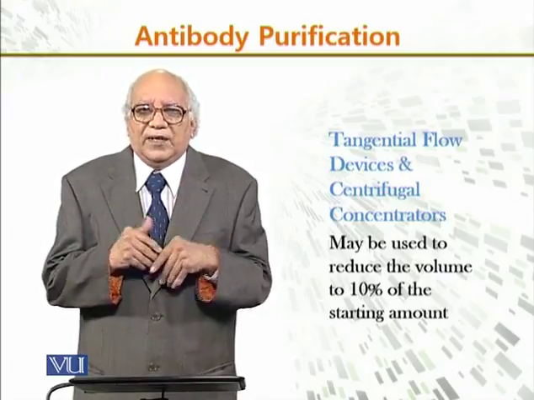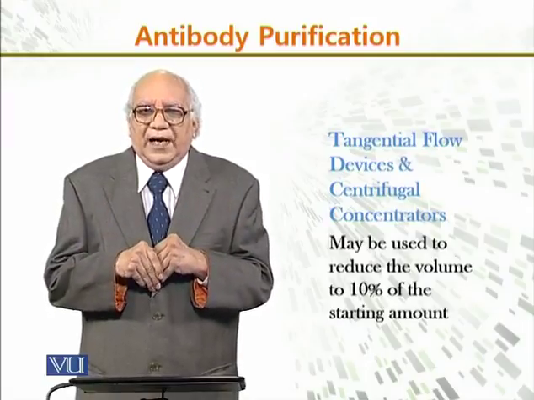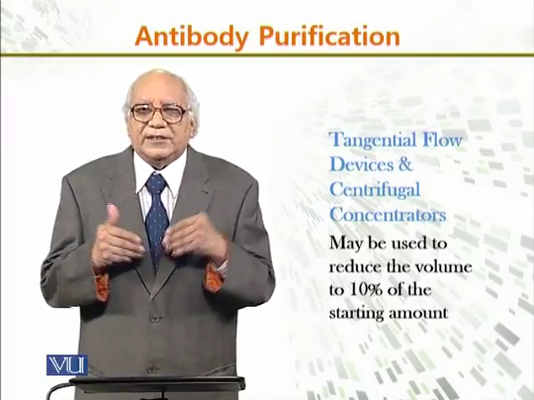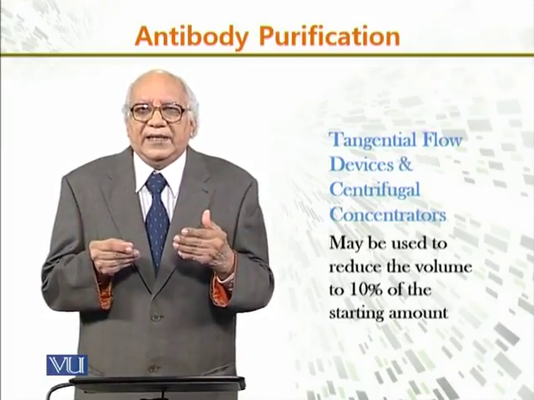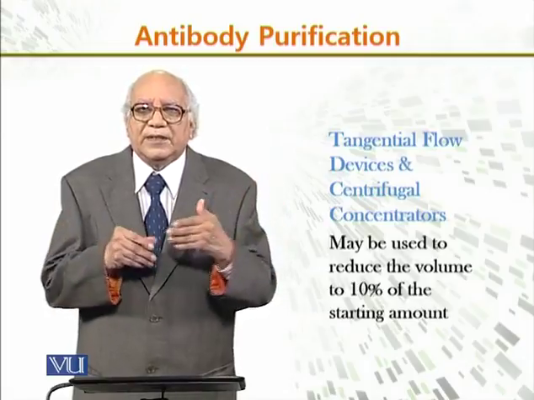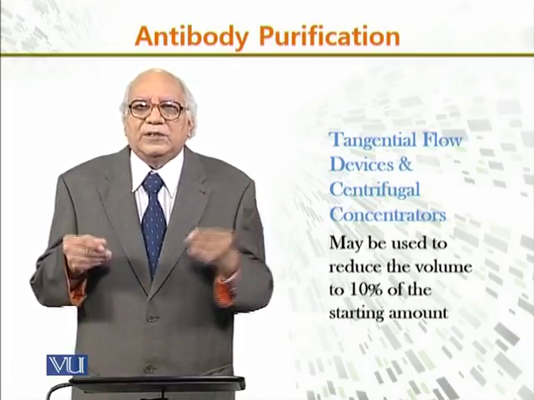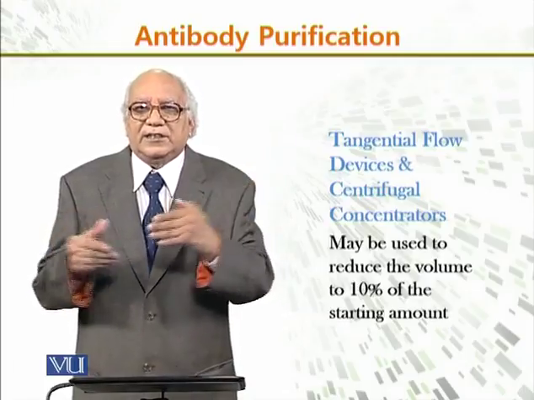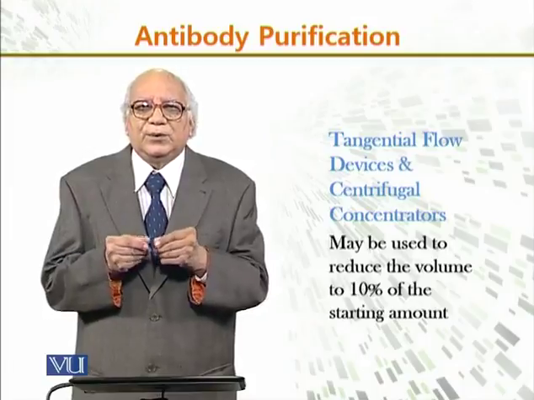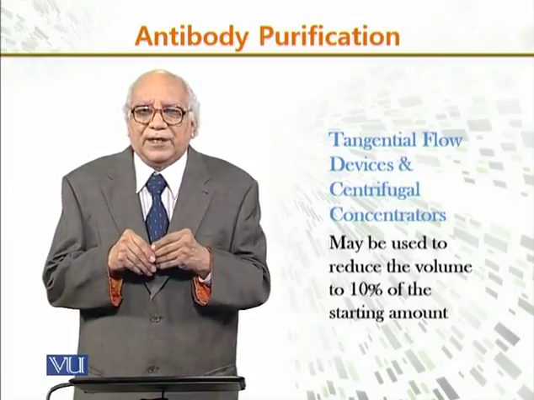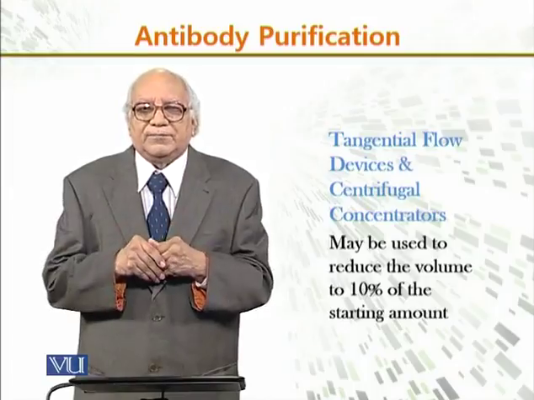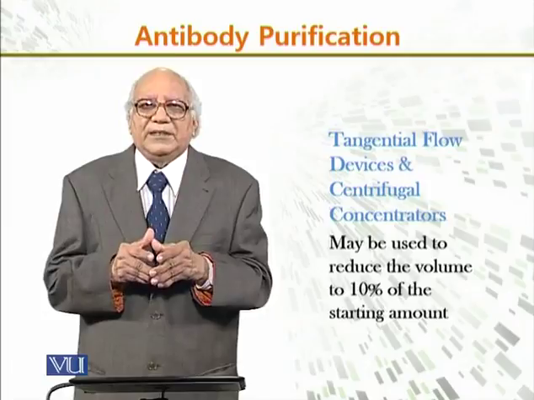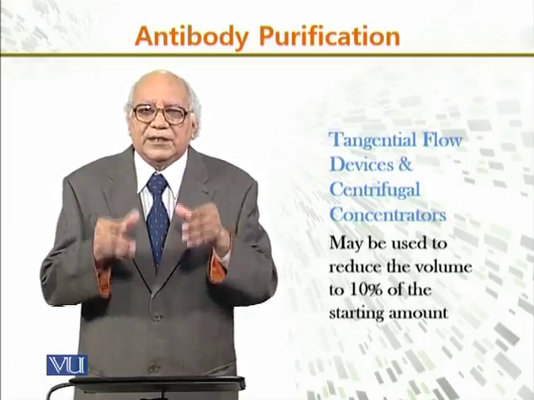Now, there are very many devices which are used to purify the antibodies. One is the tangential flow device and the centrifugal concentration. In tangential flow devices, the serum or the medium is allowed to pass tangentially to the membranes where it is purified, or by the centrifugation method where these proteins or antibodies are centrifuged.